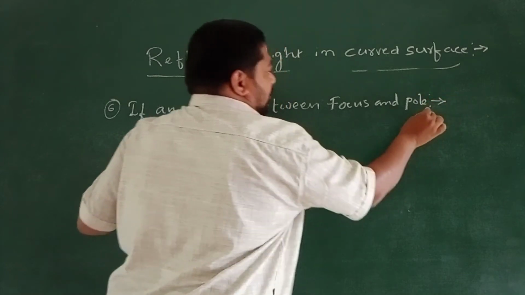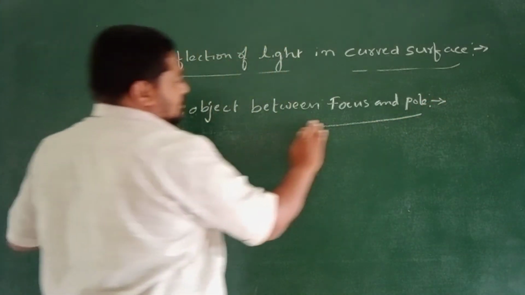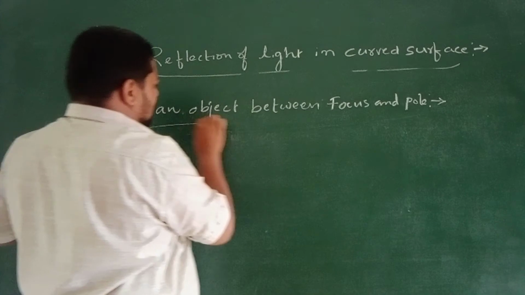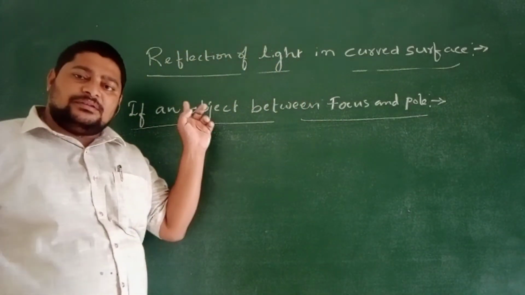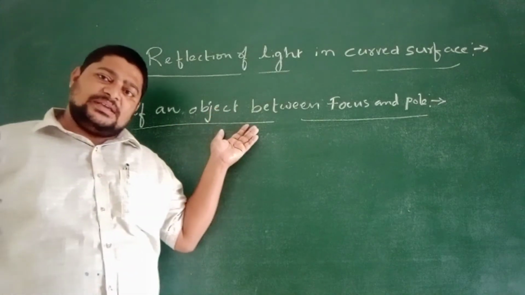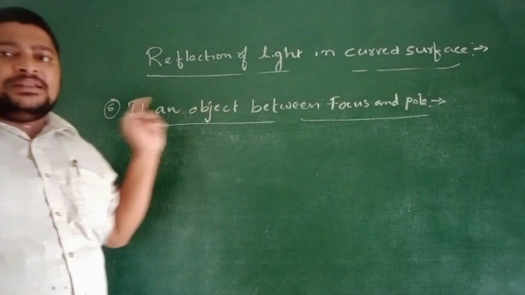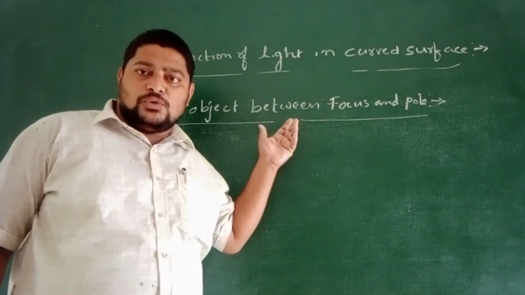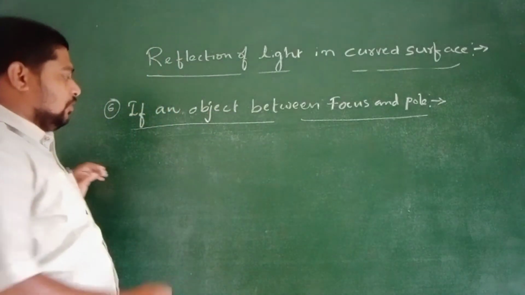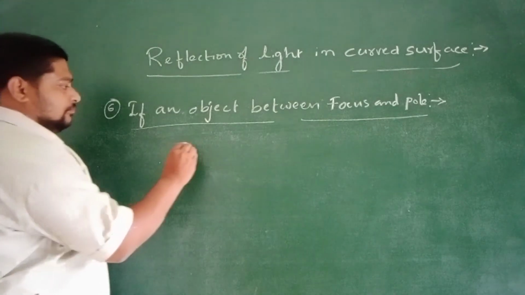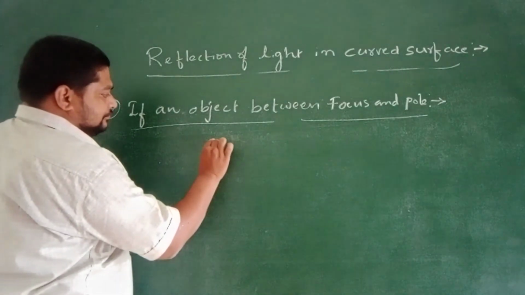In competitive exams also this case is important, and for objective questions also, and sometimes in SSC exams and board exams, this case is most important, and the nature of the image is different. So I will draw the ray diagram.